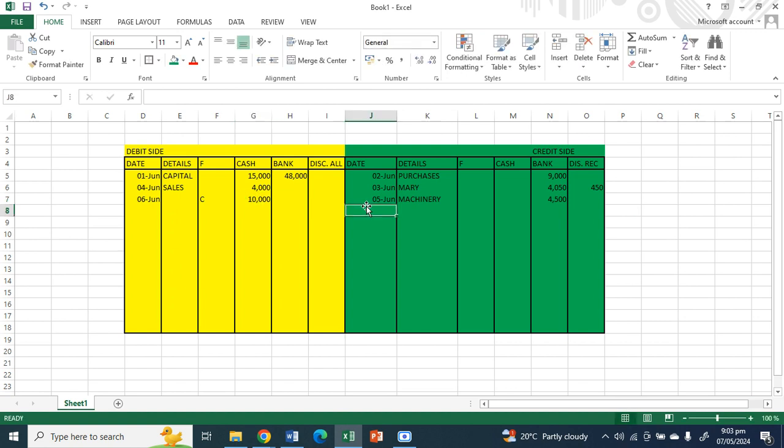And on the credit side, 6th June, on folio I put C, with cash here and the bank here. So the C is just representing the contra entry. So we're crediting cash bank 10,000.